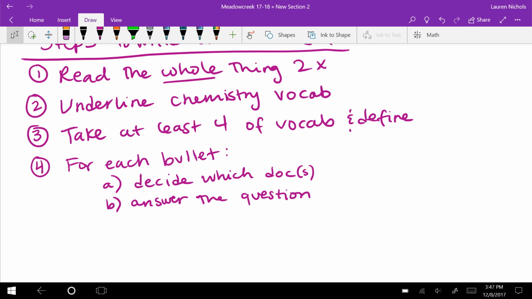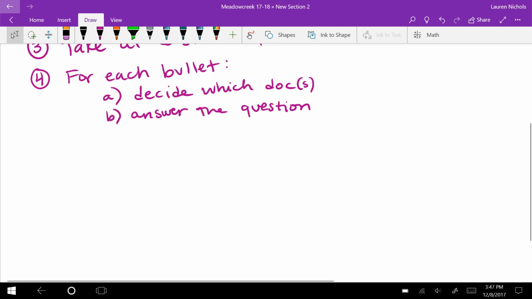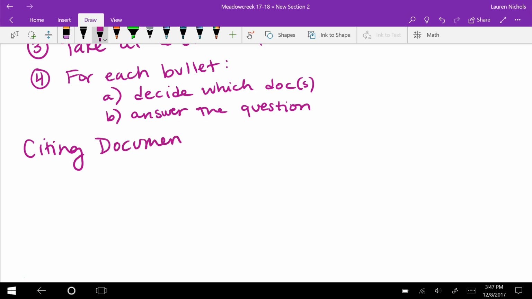Okay. Now, when we're talking about citing documents, okay, many of you are getting pretty good at actually remembering to do that, but not very many of you are remembering how to do it correctly. So there are 2 of the main ways for you to cite a document, and so I want to go over them.